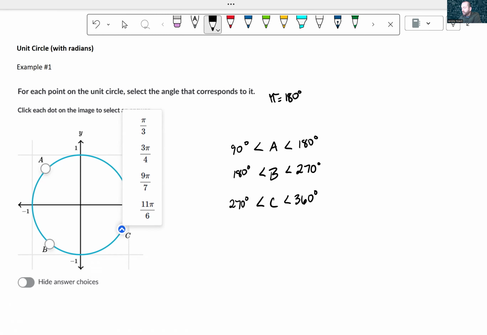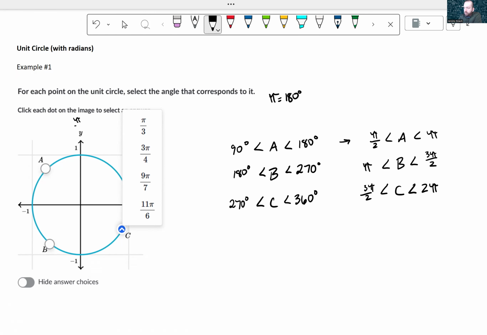And we can also write this in terms of pi if we wanted to. So we could say A is between pi over 2 and pi. B is between pi and 3 pi over 2. And C is between 3 pi over 2 and 2 pi.